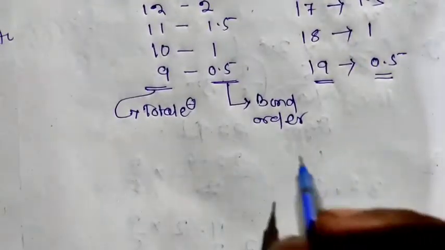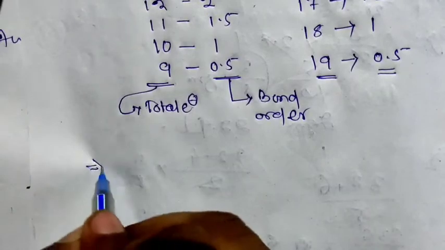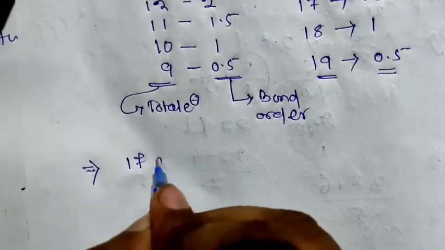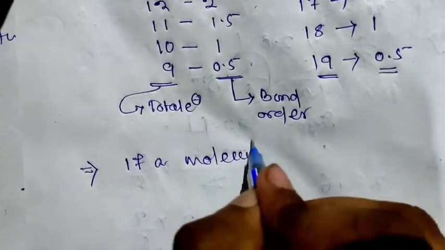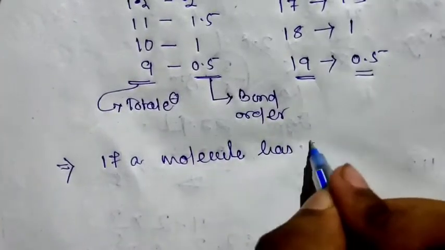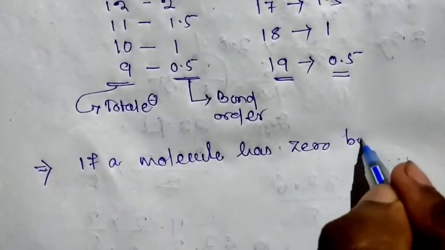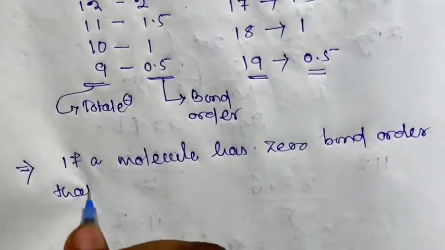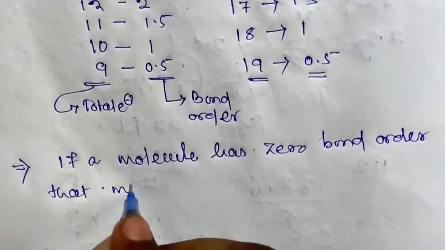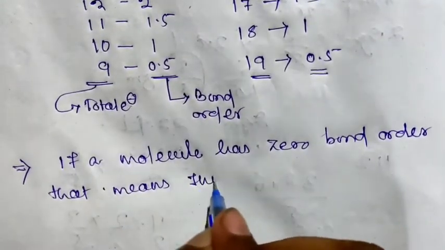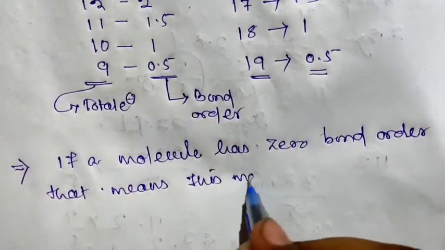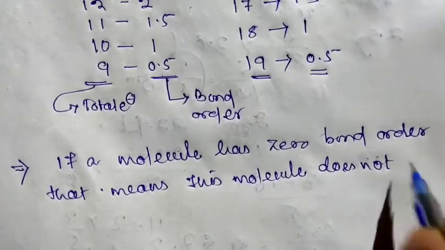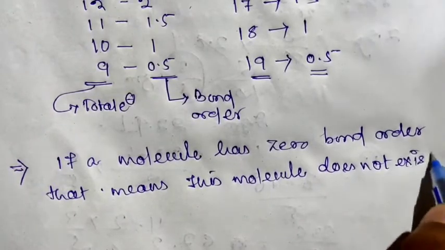After that, you should know that if a molecule has 0 bond order, that means this molecule does not exist.